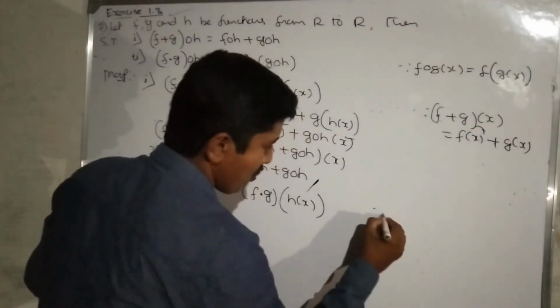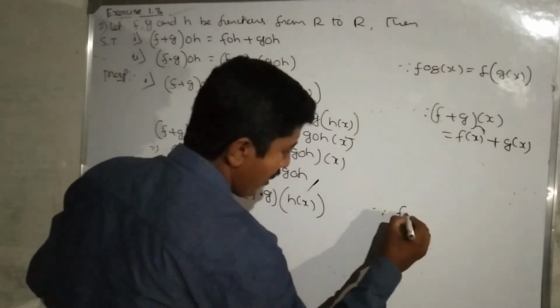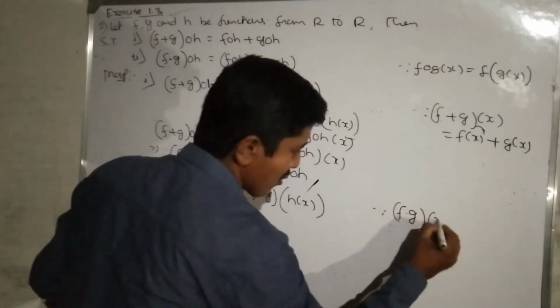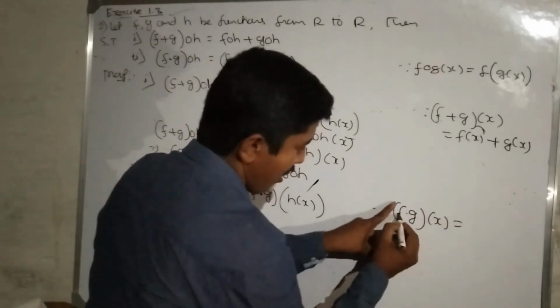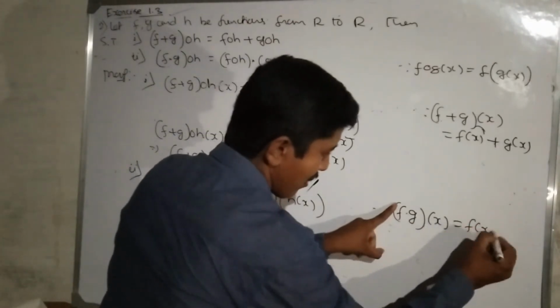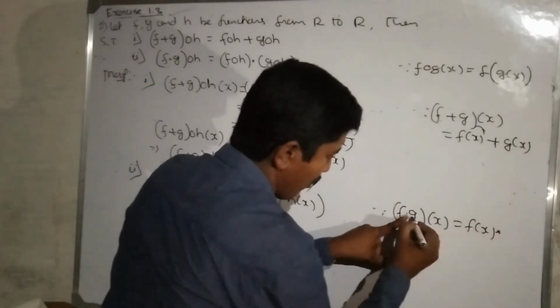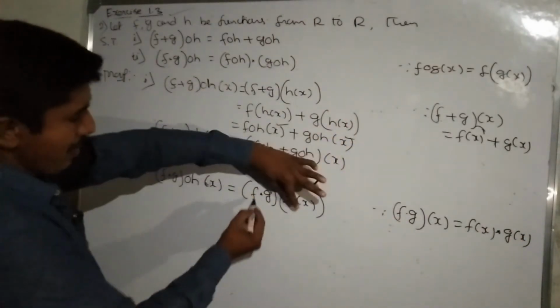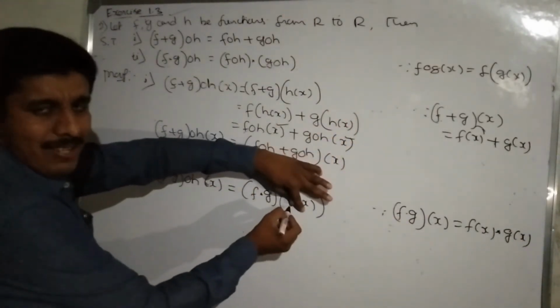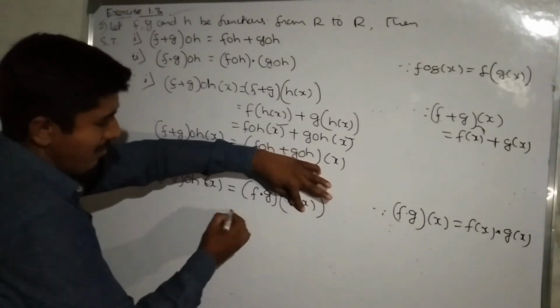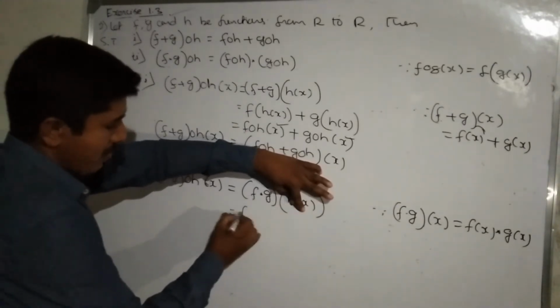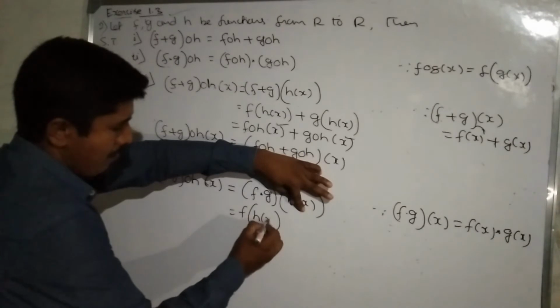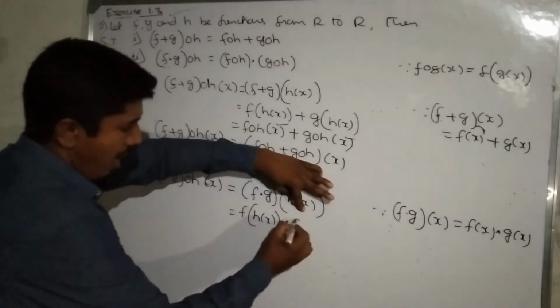So we know that (f·g) of x can be written as f of x into g of x. So here also, same: (f·g) of h of x can be written as f of h of x into g of h of x.